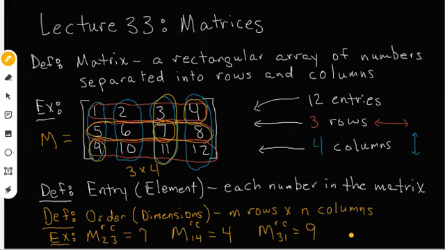And we can specify the dimensions of any matrix by saying how many rows it has, by how many columns it has. So for example, this matrix that we just talked about, this has 3 rows, but it also has 4 columns. So we call this a 3 by 4.